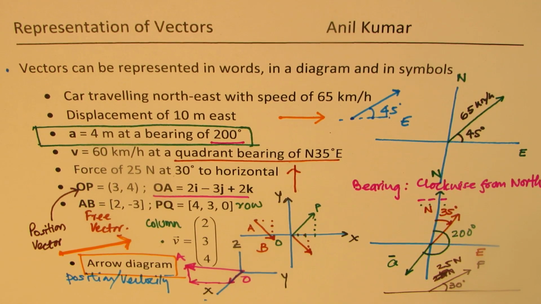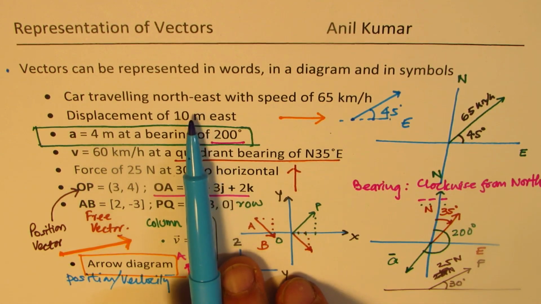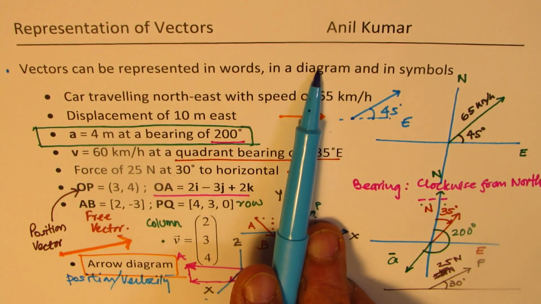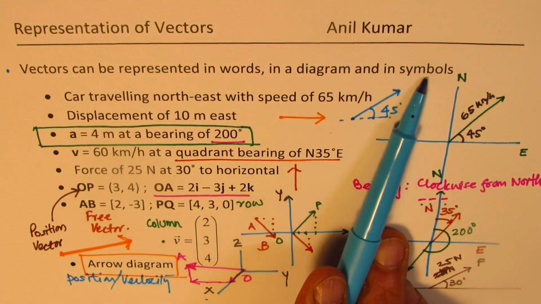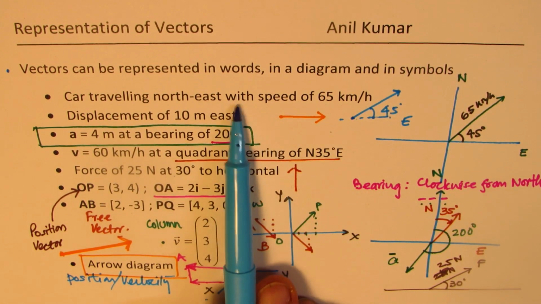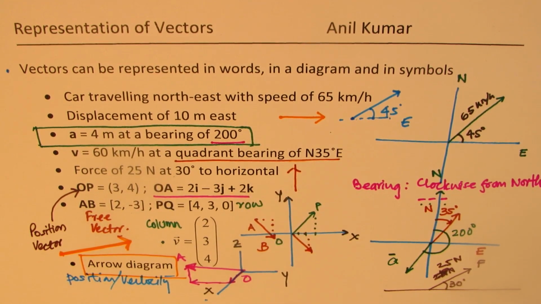Is that clear to you? So normally these vectors which are written in words can be represented in diagrams. We could also write them as symbols, since we saw different forms in which we could write this as symbols also. Does that make sense to you, right?